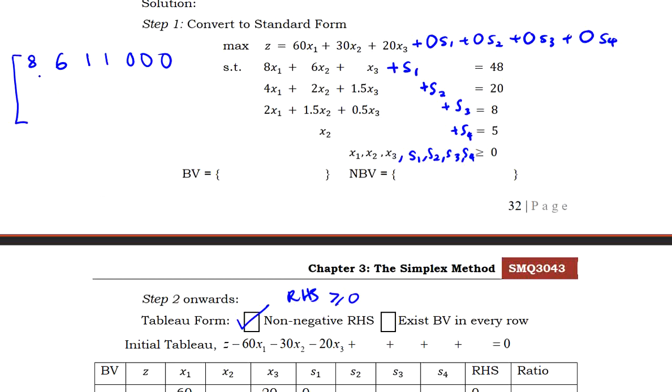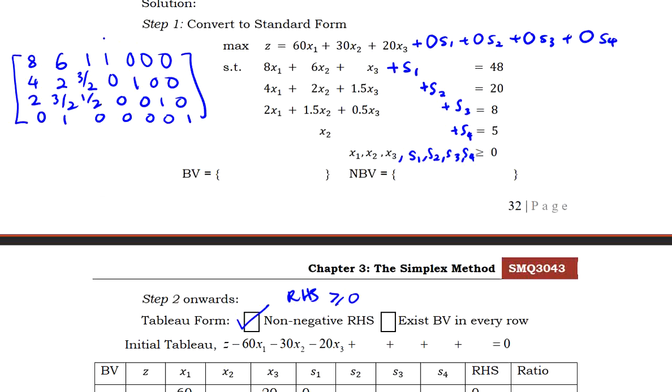Then 4, 2, 3 over 2, then 0, 1, 0, 0. Then 2, 3 over 2, 1 over 2, 0, 0, 1, 0, and then 0, 1, 0, 0, 0, 0, 1.